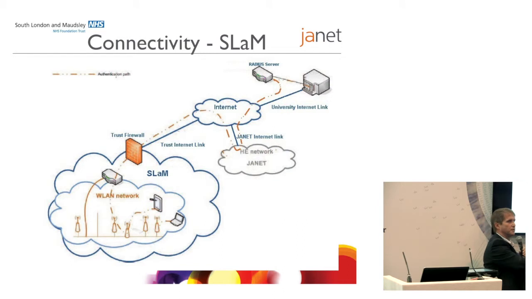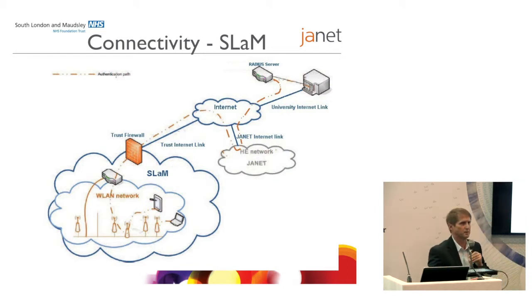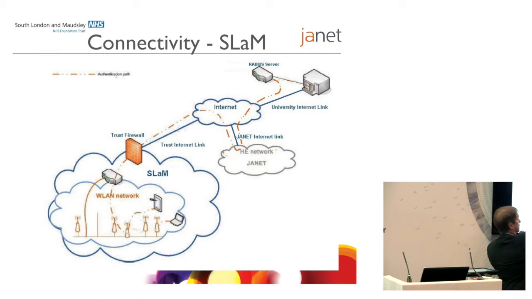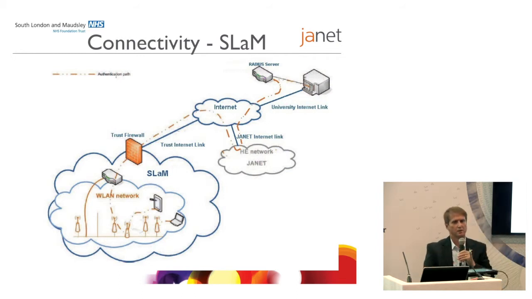We were using this to use VPN secure connectivity back to clinical systems within the organisation, within South London and Maudsley. What it also does is it still allows the university and the graduates, if you like, to come into a SLAM premises and gain access back to the internet and eventually back to the university systems as well.